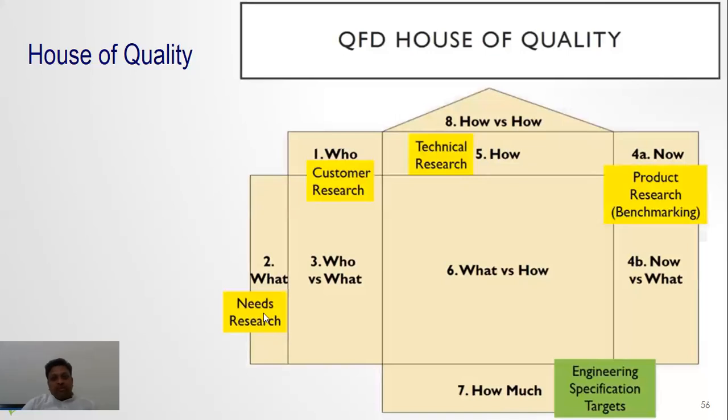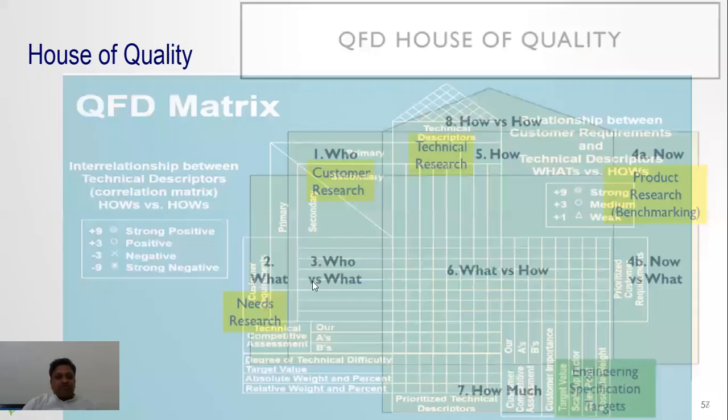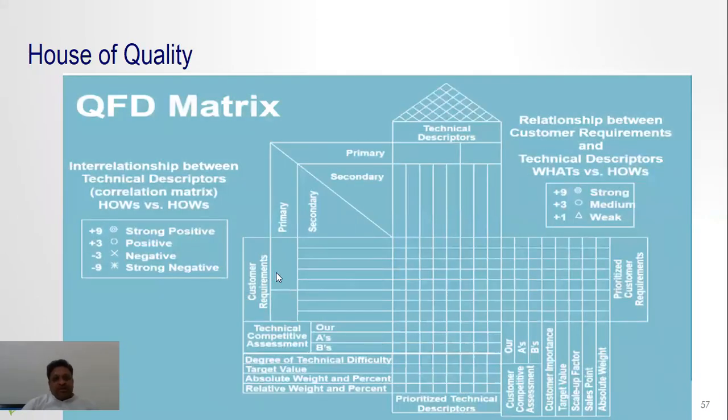So here the what is needs research, who is customer research, how is technical research, and the now is product research benchmarking, and how much is engineering specification targets. Then QFD metrics.